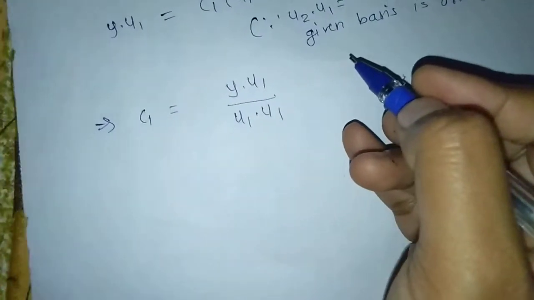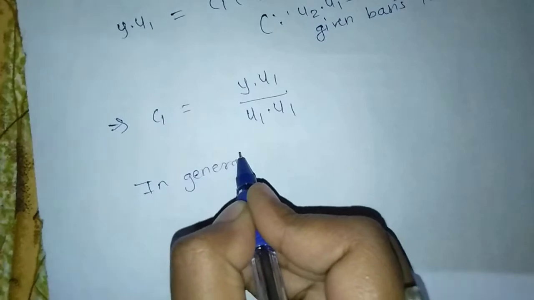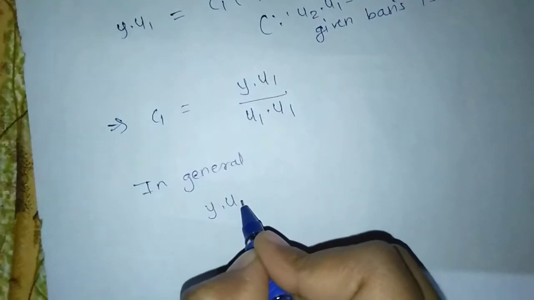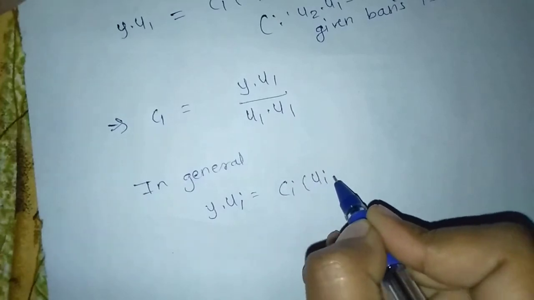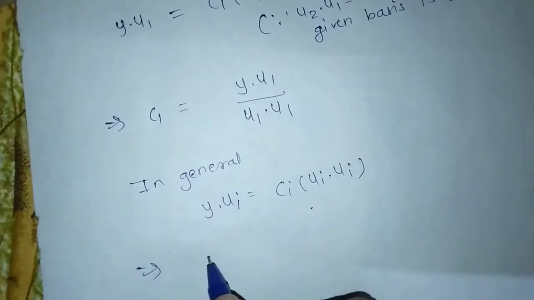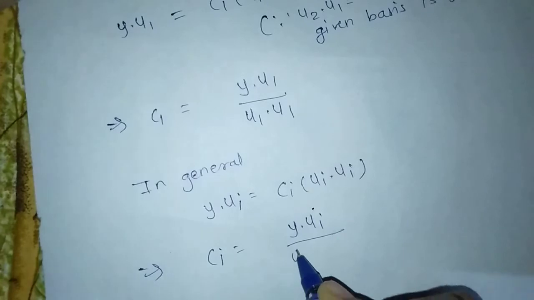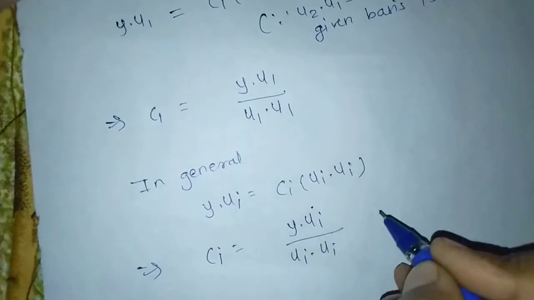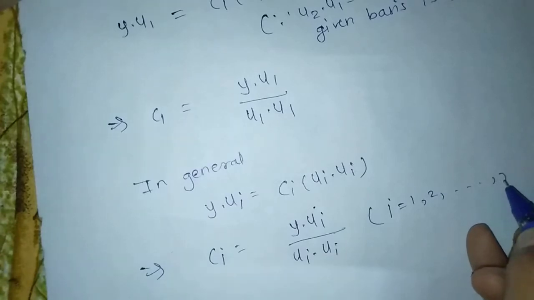Similarly, in general we can write y dot Ui is equal to Ci into Ui dot Ui, which implies Ci is equal to y dot Ui upon Ui dot Ui, i running from 1 to R.